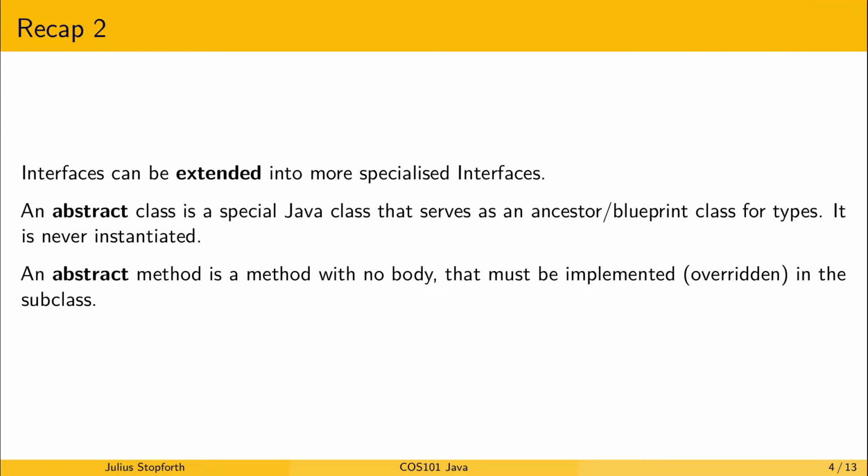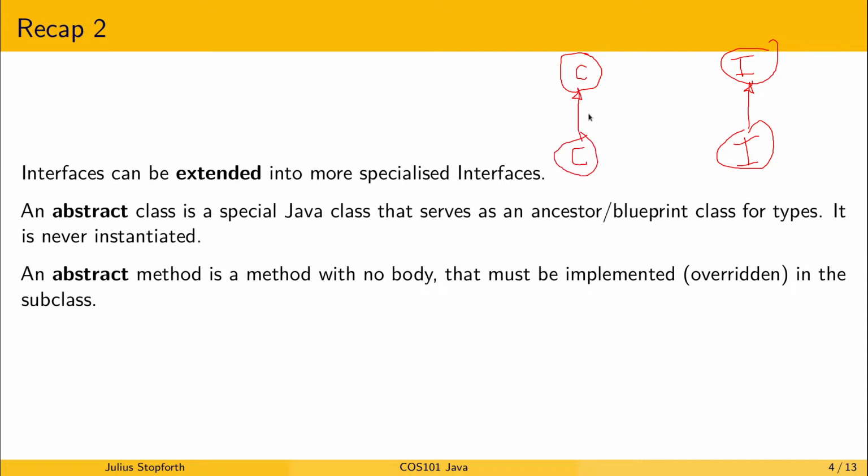Then we looked at how you can take an interface and use the extends keyword to make more specialized interfaces, right? So there is inheritance for interfaces. If we have an interface, we can inherit from another interface. So this interface inherits from this one. In the same way that if we have a class, we can extend that class with another class.